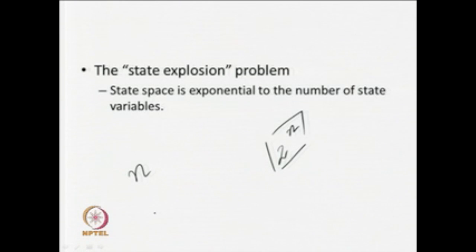All may not be reachable, because we have already seen our mutual exclusion protocol, where we are having 6 control signals. So, the total state space is 2 to the power 6, but all may not be reachable, but we have to be ready for the worst situation. If we are having n control signals, we go for 2 to the power n different states. Now, if in our design we need one more additional control signal, then the state space will go to 2 to the power n plus 1.